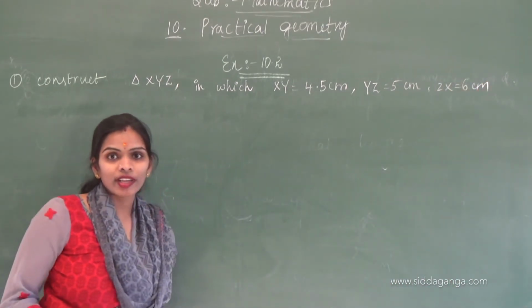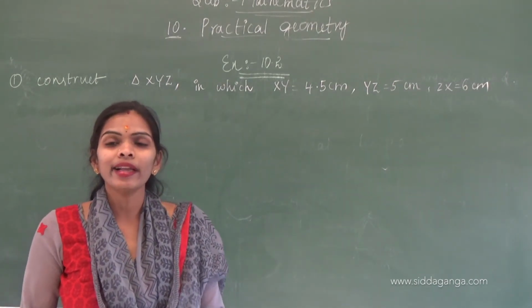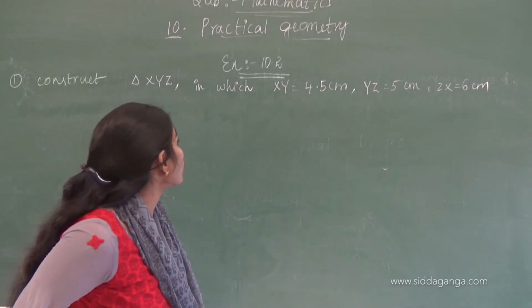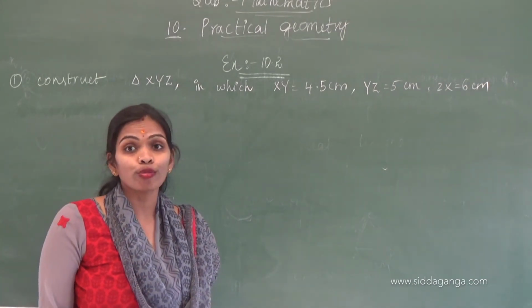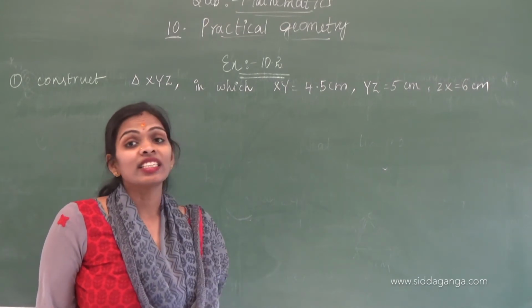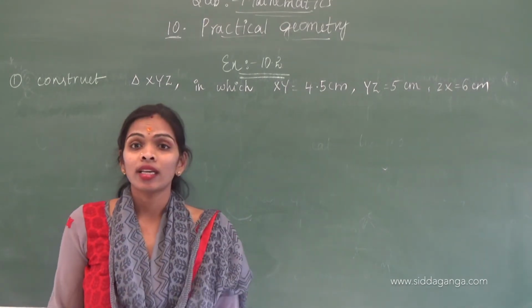Here they have given us a triangle XYZ to construct and the measurements of the sides: XY equals 4.5 centimeters, YZ equals 5 centimeters, ZX equals 6 centimeters.